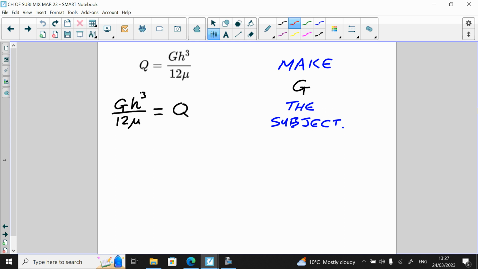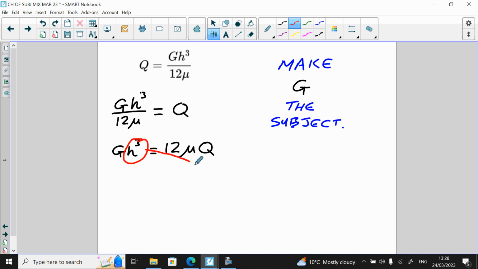You can do it in two ways. I think what I've done, I think I've taken the bottom part. It's dividing. I think I've taken it up to multiply. Hopefully you agree. Yeah, I have. So I've done that there. So it's G you try to isolate. So see the H cubed, it's multiplying.